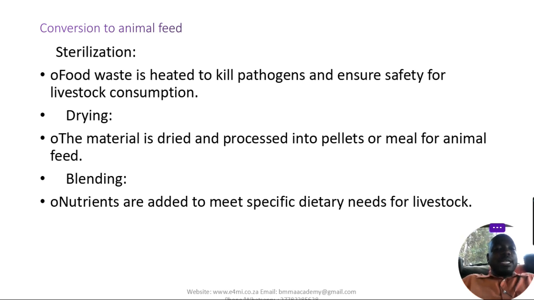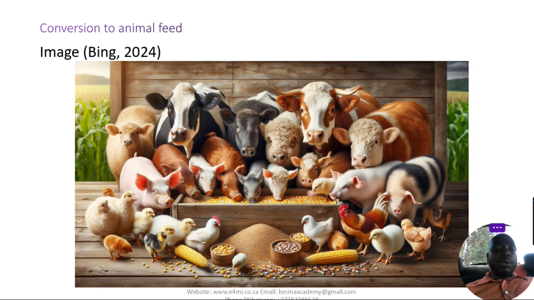After that, you dry the material and process it into pellets or meal for animal feeding. You can also blend it to specific dietary needs for livestock, add in some more nutrients, or combine it with other kinds of stock feeds or concentrates.